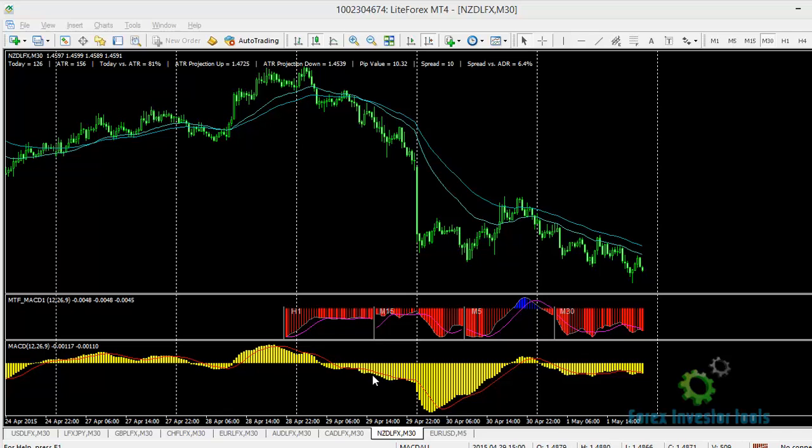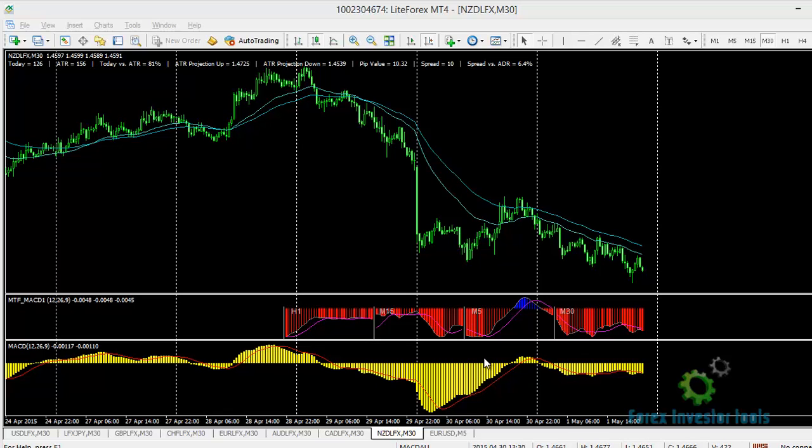In case we are selling, histogram below the zero, signal line below the zero, and you're looking for a pullback. So when I say pullback, what I mean is you like to see the histogram trying to go towards the zero line.